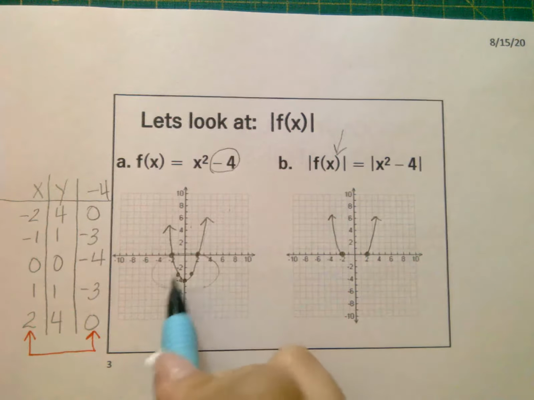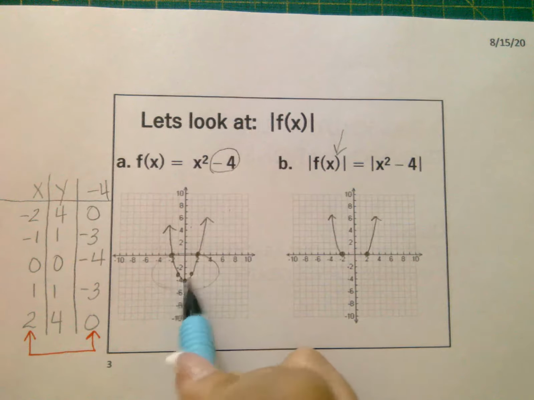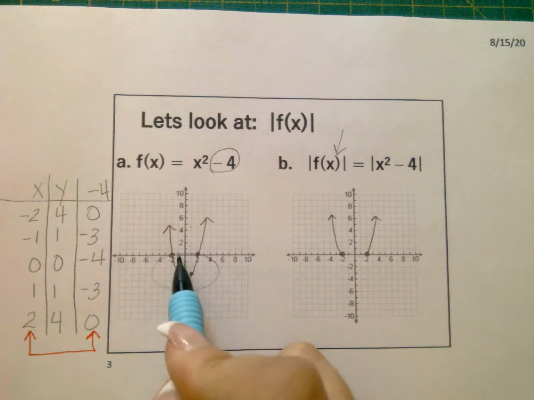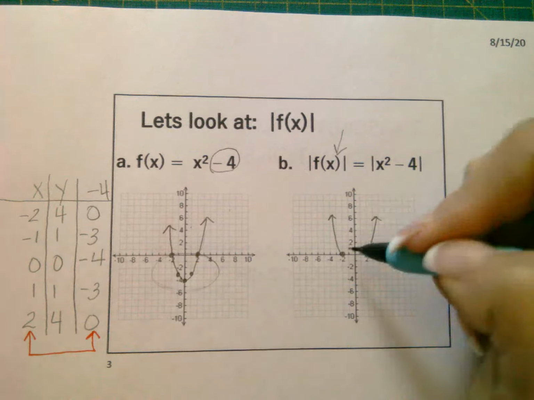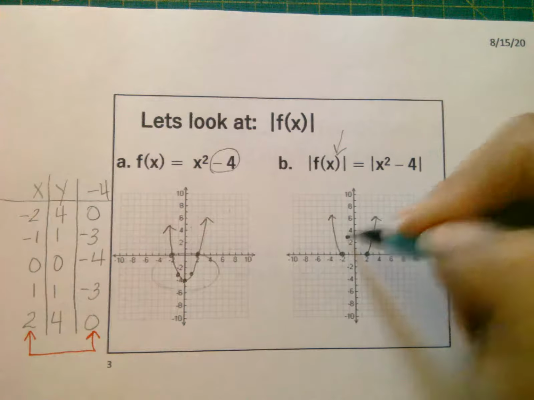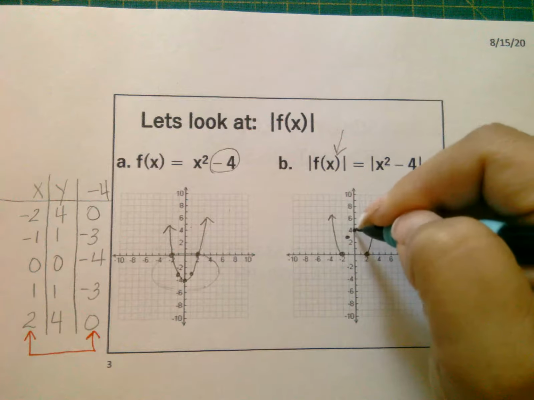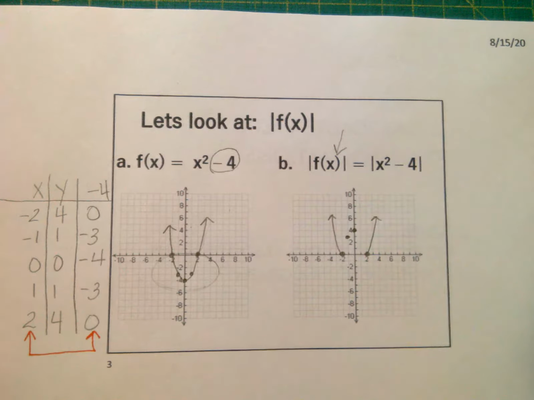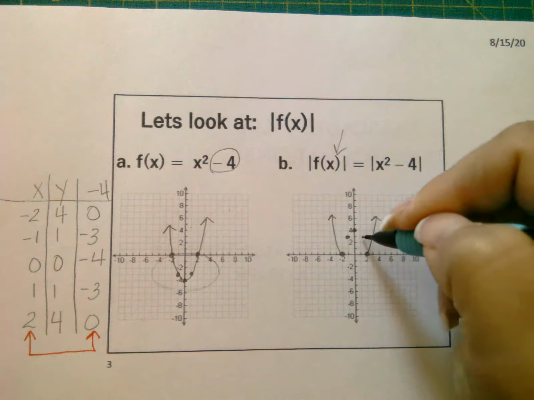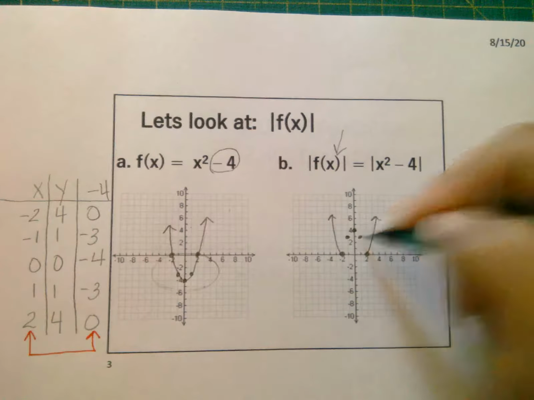Then it says you take these points from down below and you reflect them upwards. So -1, -3 will now become -1, +3. 0, -4 becomes 0, 4. And 1, -3 becomes 1, +3.